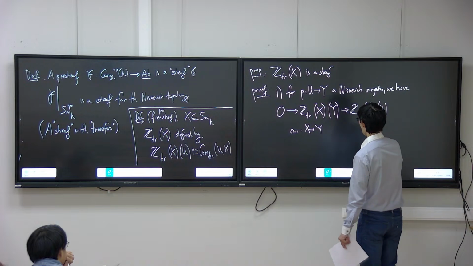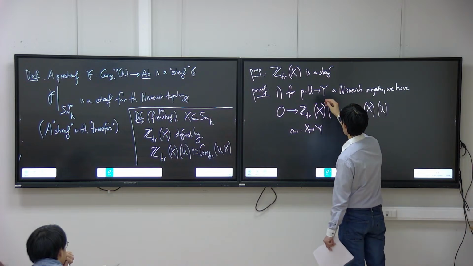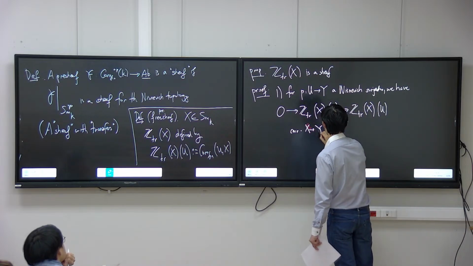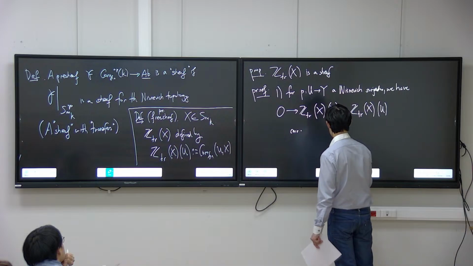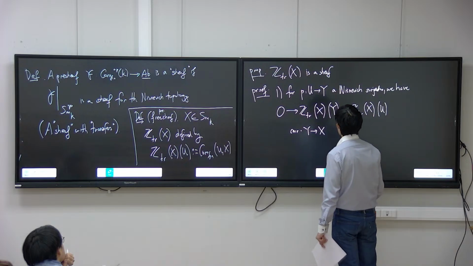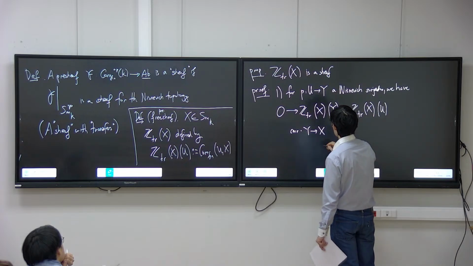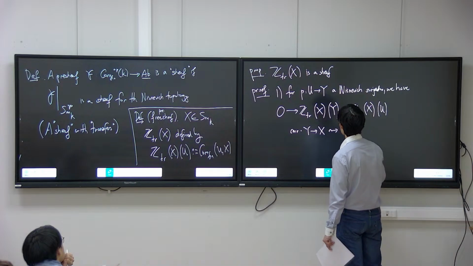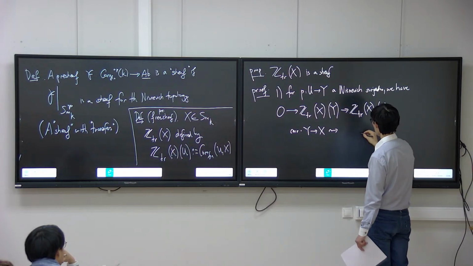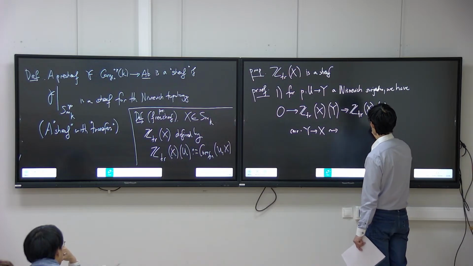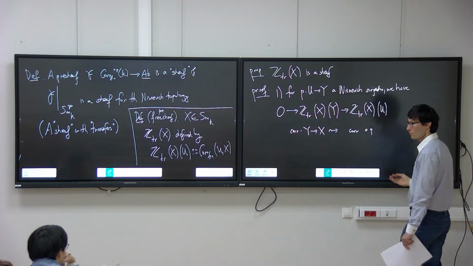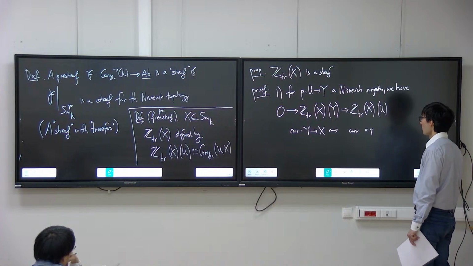And here you have just a map from Y to X, the other way around. And you just compose with the map p to get a correspondence here. So this is just p composed with a correspondence, which is another correspondence. It's finite as well.